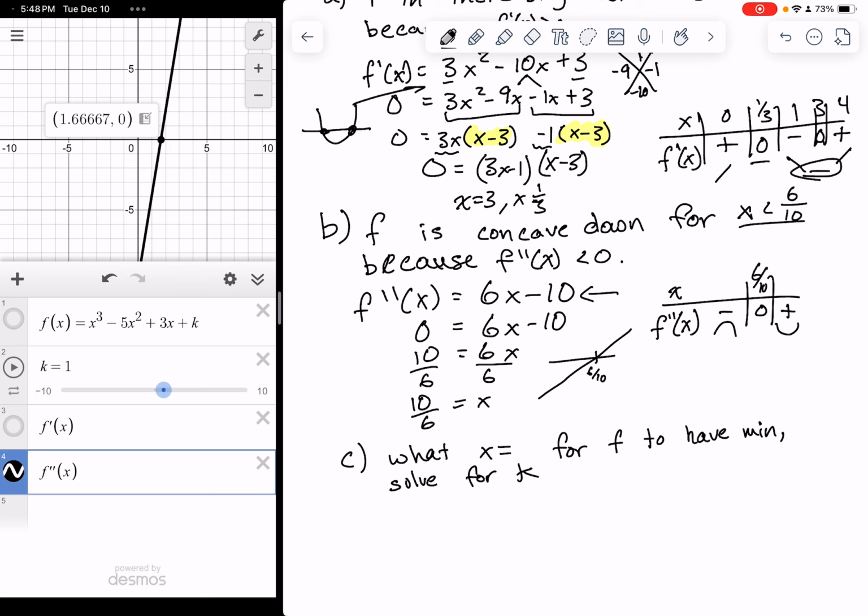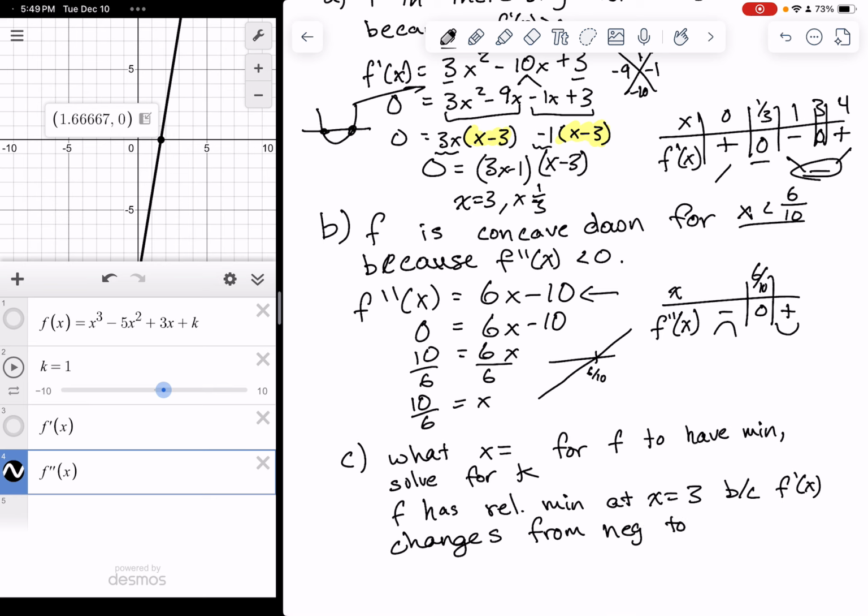So f has a relative min at x equals 3 because f prime of x changes from negative to positive. We're changing from a negative slope to a positive slope, so we have a min, kind of like a little happy face there.